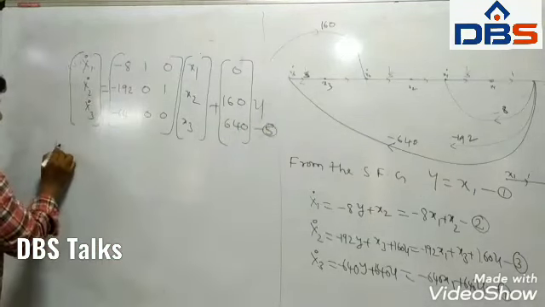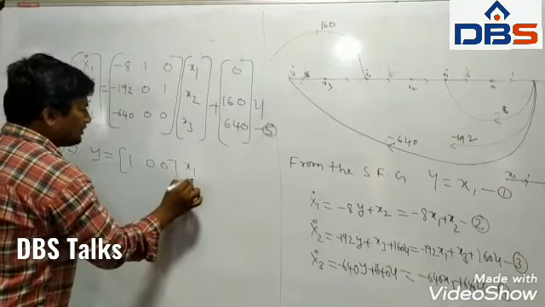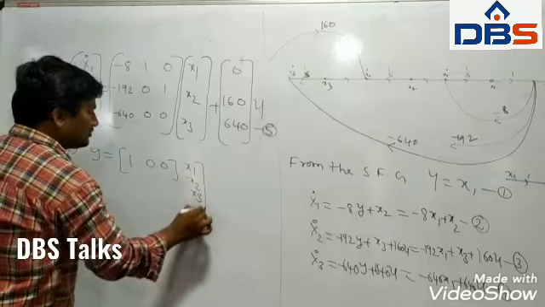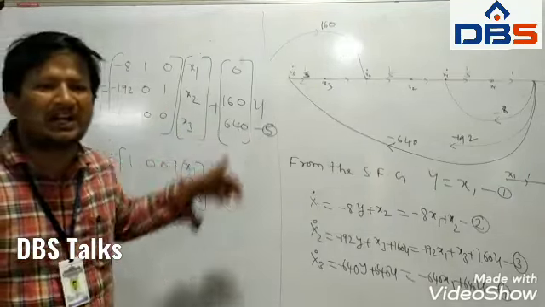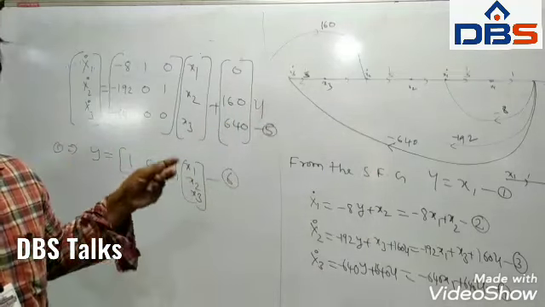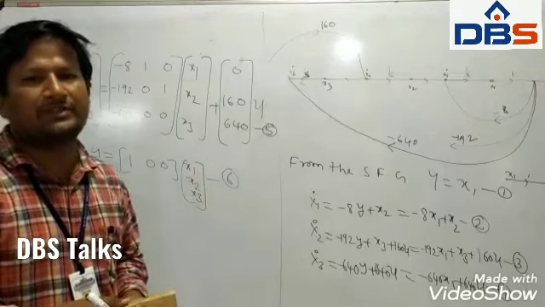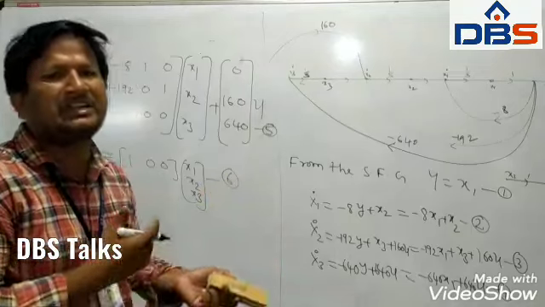From equation 1, the output y is equal to 1, 0, 0 times x1, x2, x3. So this is equation 6. Equations 5 and 6 together are called the state model of the given transfer function. So we have to derive the state model from the given transfer function. Now another model, where they give differential equations.